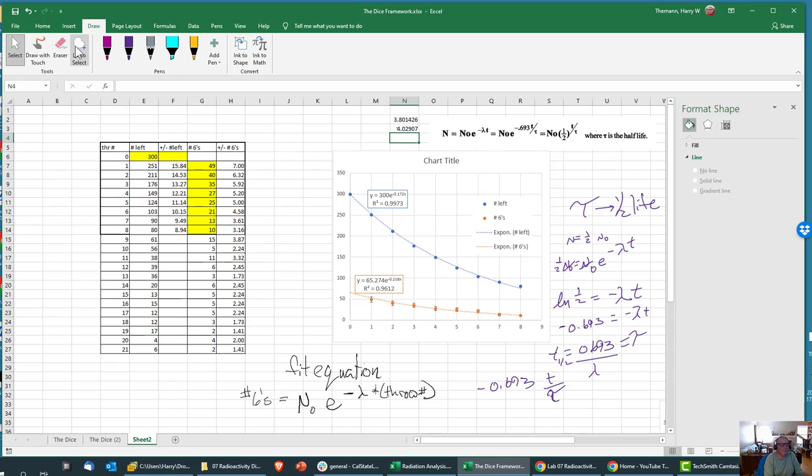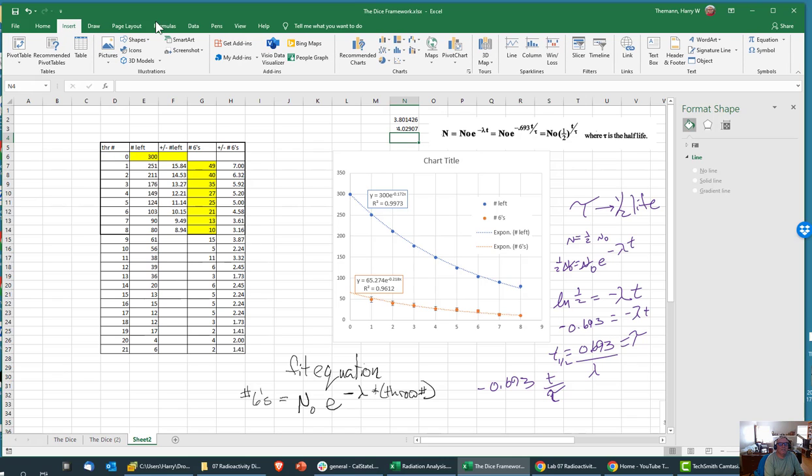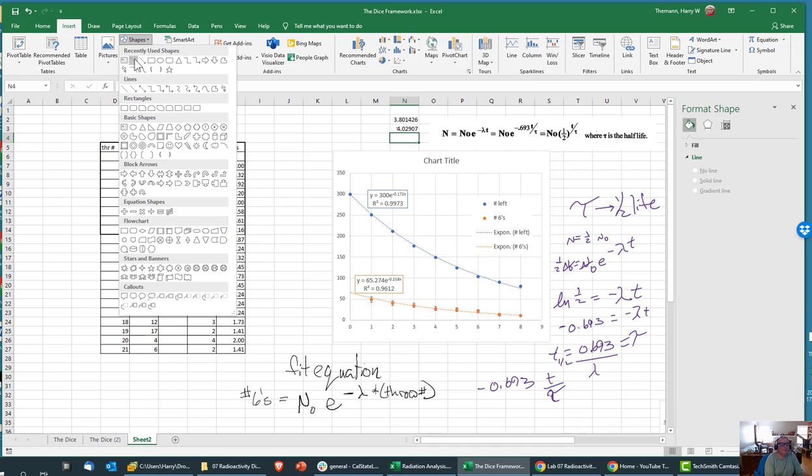And notice that, as I said earlier, let's see if I get a nice straight line here. Here we go.